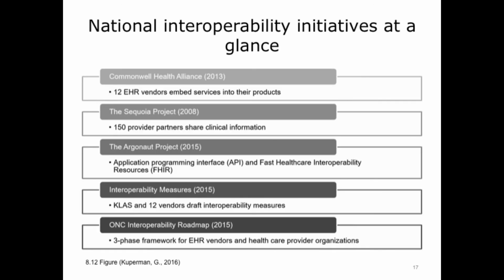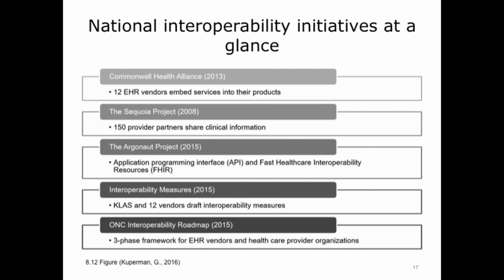This lecture discussed 5 national interoperability initiatives. The Commonwealth Health Alliance started in 2013 and is driven by EHR vendors to enhance their products. In 2008, the Sequoia Project started for providers to share clinical information.